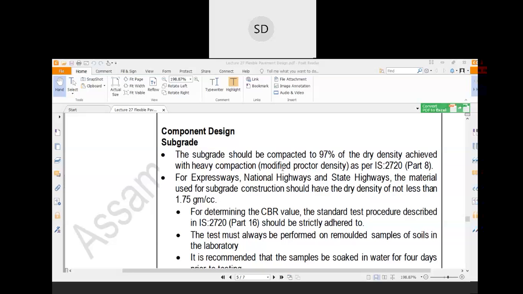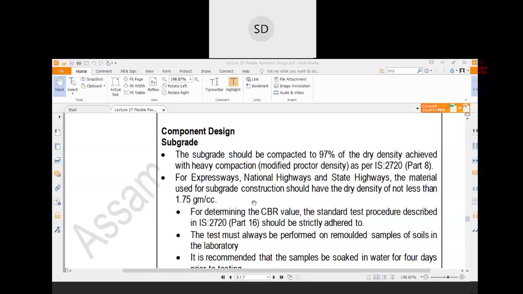Now, if we discuss the different components of the flexible pavement, the first component is the subgrade layer. And if your subgrade is not strong enough, you have to provide one additional subgrade course. In that case, that subgrade portion must be compacted to 97% of the dry density.